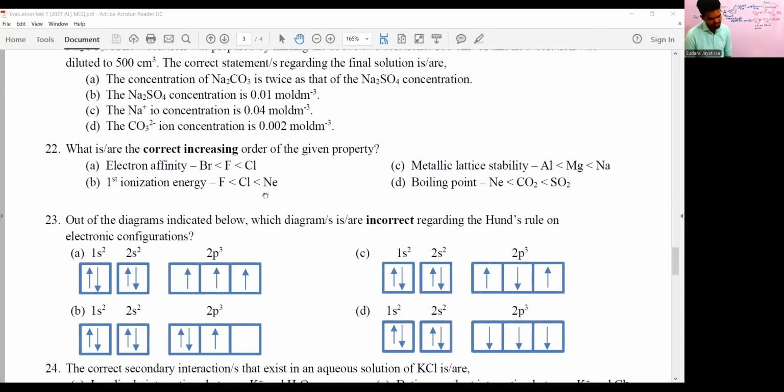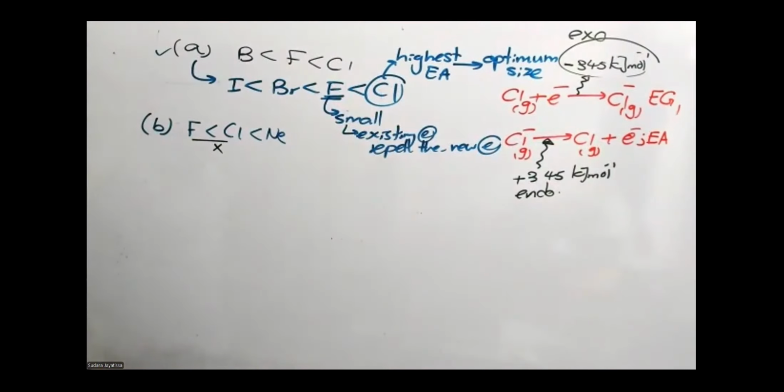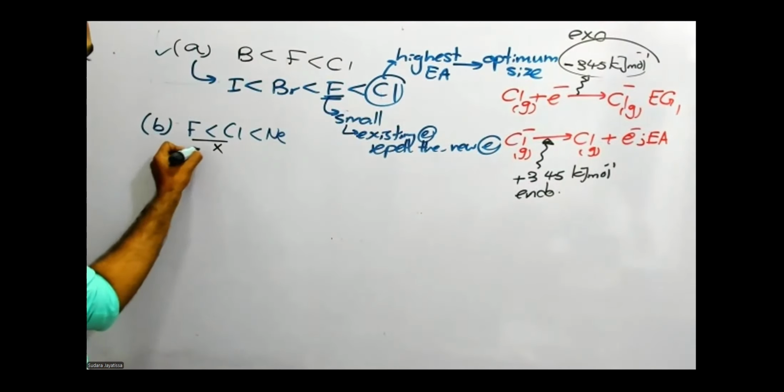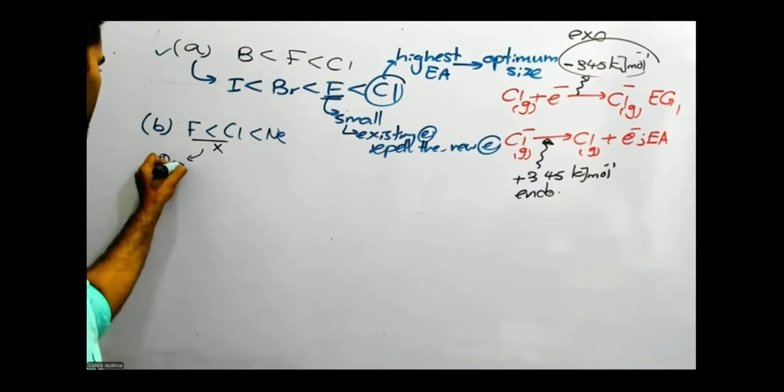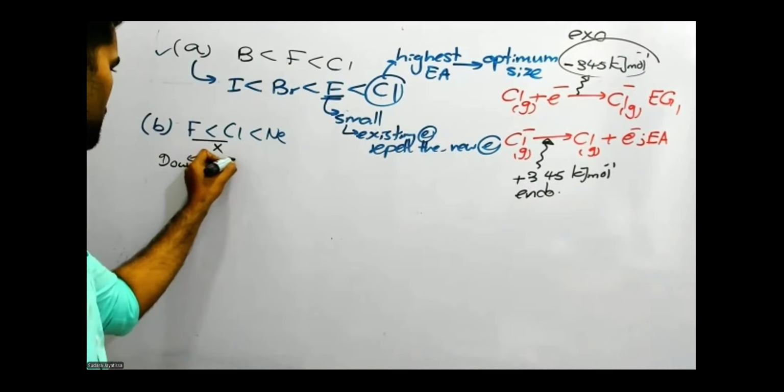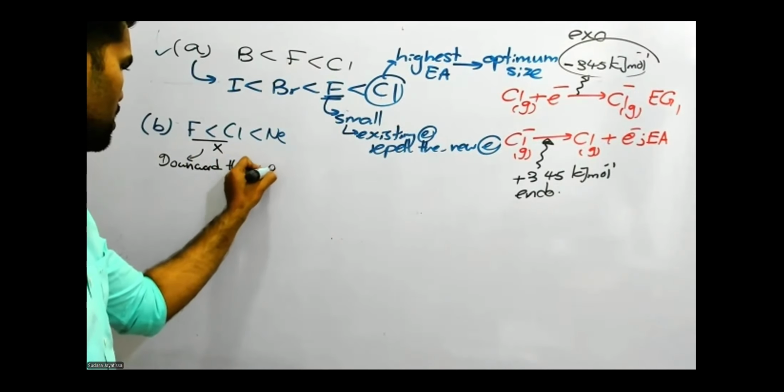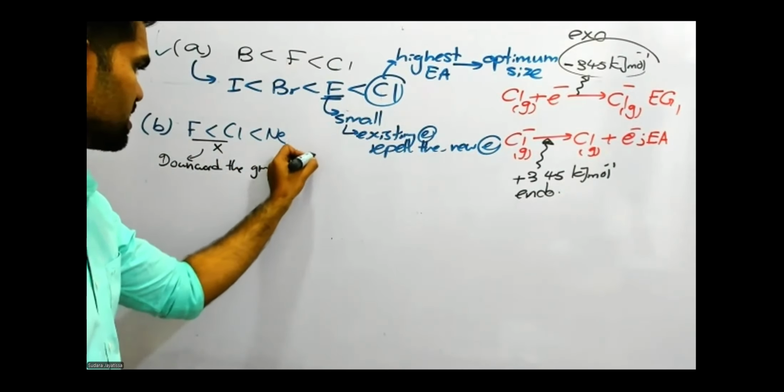Then look at the second one, B. First ionization energy: fluorine, chlorine, and neon. That's what they have given. So this expression is wrong. Why? First ionization energy is not going to be higher for chlorine. The reason is fluorine and chlorine are same group elements. So we should understand that going down the group, ionization energy decreases.